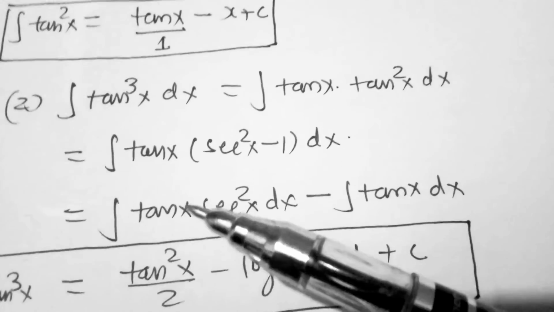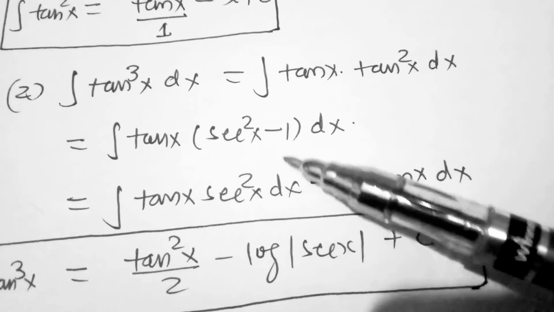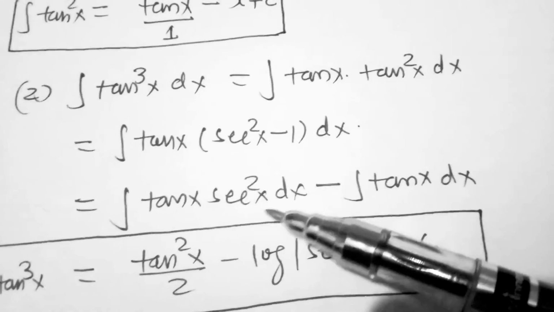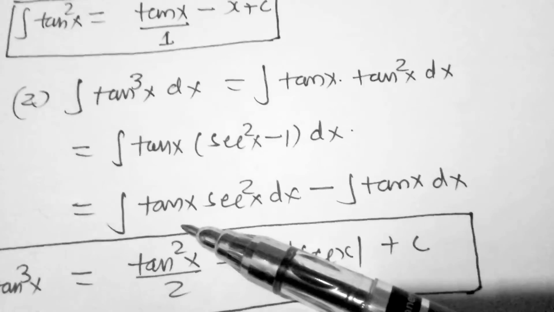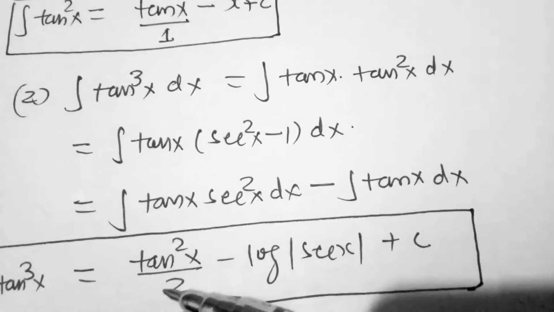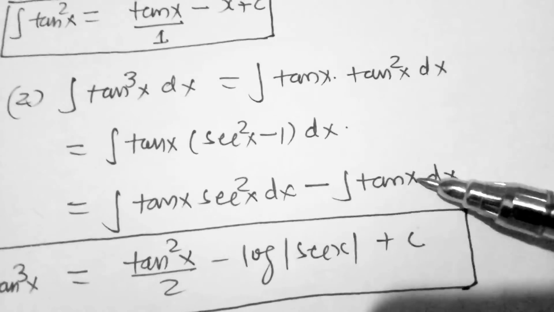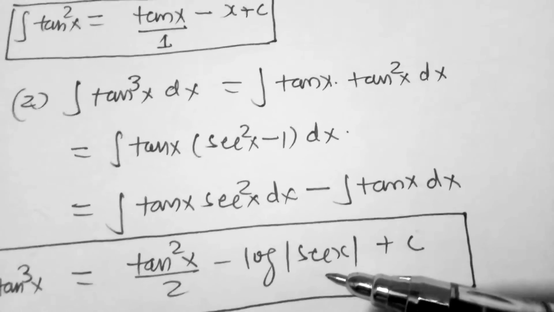So just put tan x equal to t, so that sec square x dx will be converted into dt, and this is t. Therefore simple integration of t dt, which is equal to t square by 2, and t is tan x, therefore tan square x by 2. And of course the integration of tan x is log of mod of sec x.